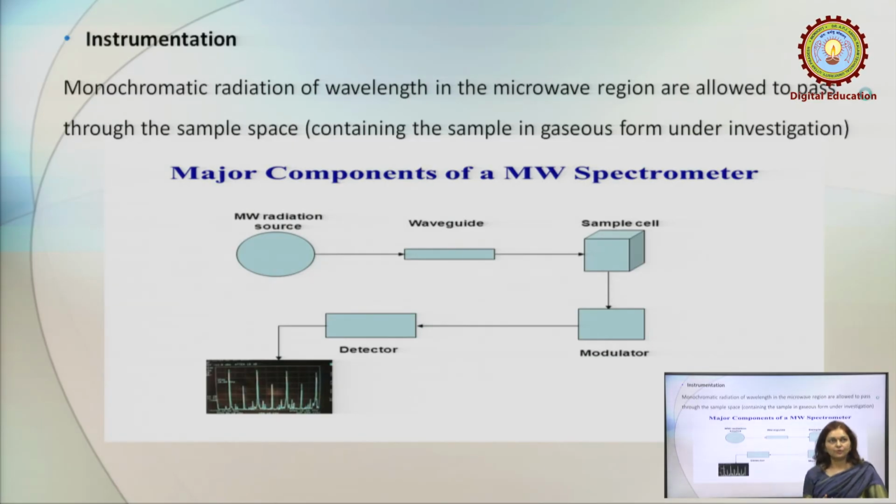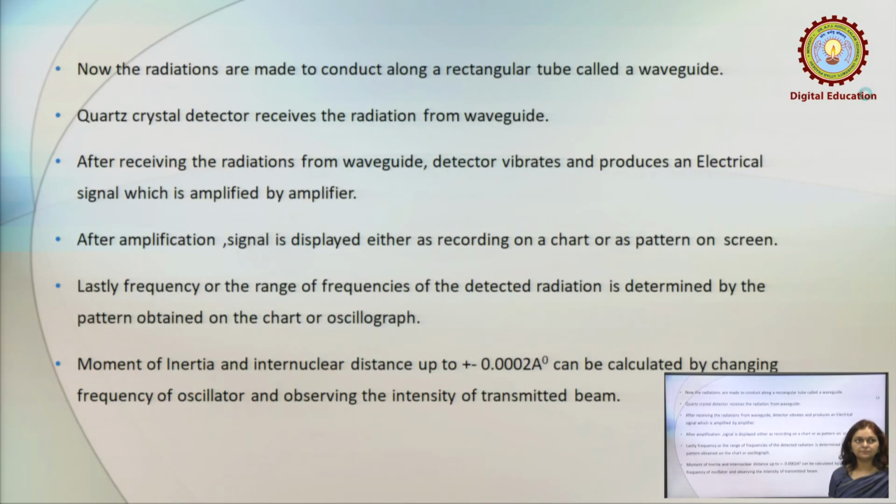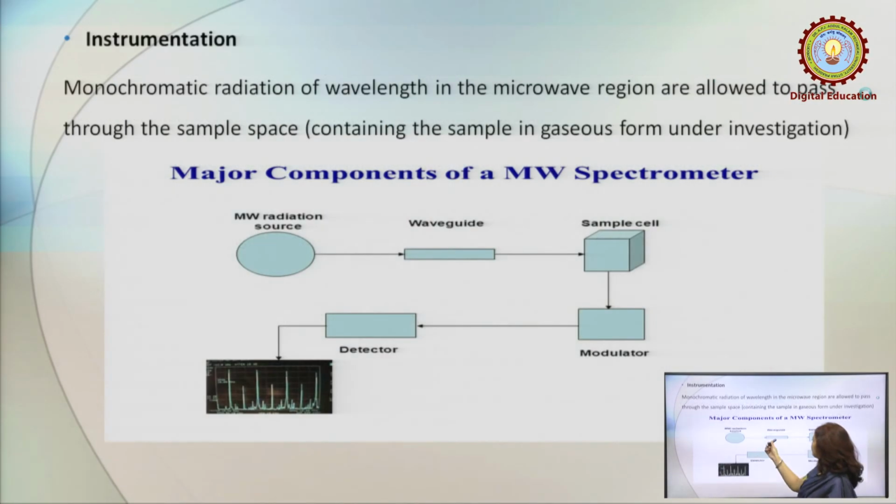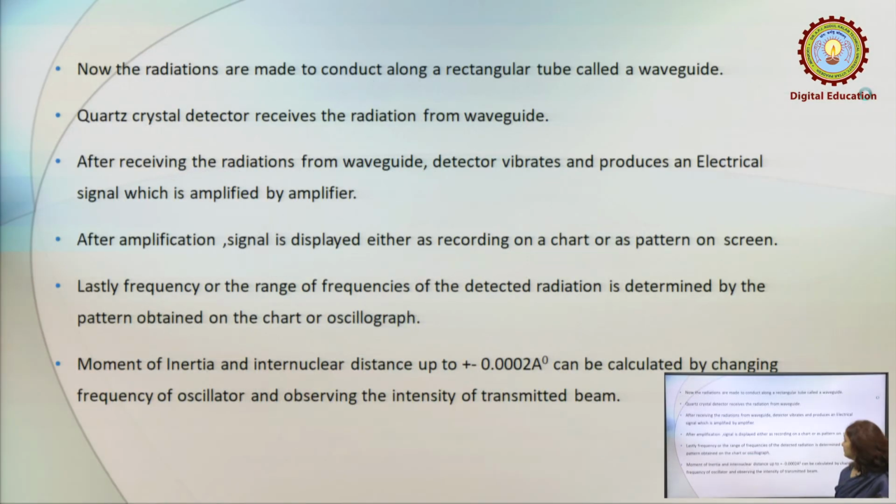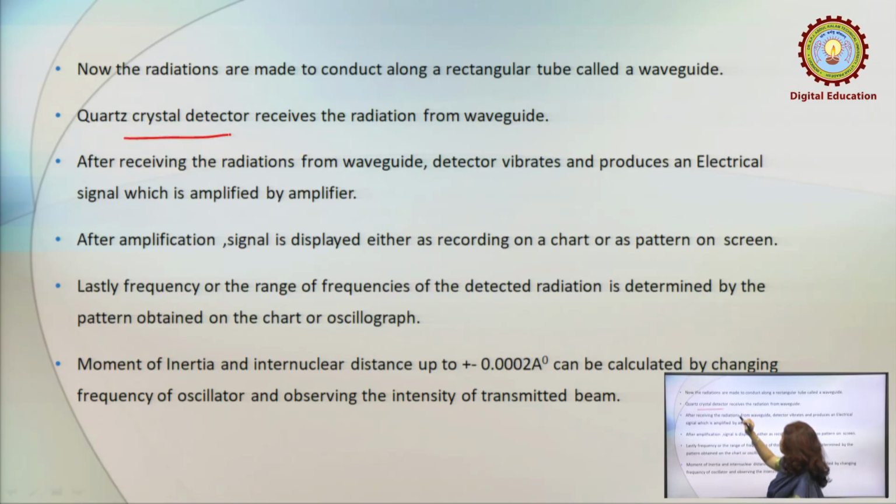Monochromatic radiation of wavelength in the microwave region is allowed to pass through the sample space containing the sample in gaseous form. Now, the radiation is made to pass through the waveguide. After this, there is a quartz crystal detector which receives the radiation from the waveguide.